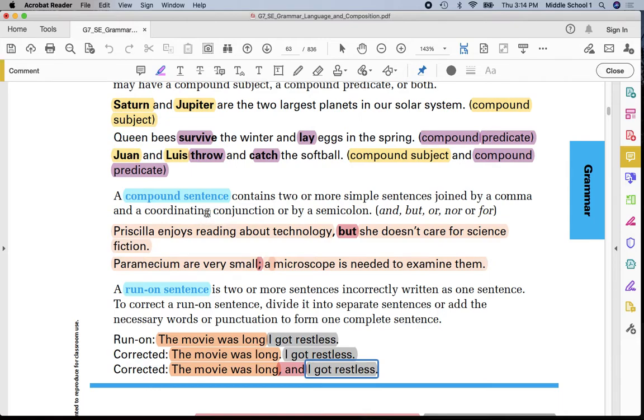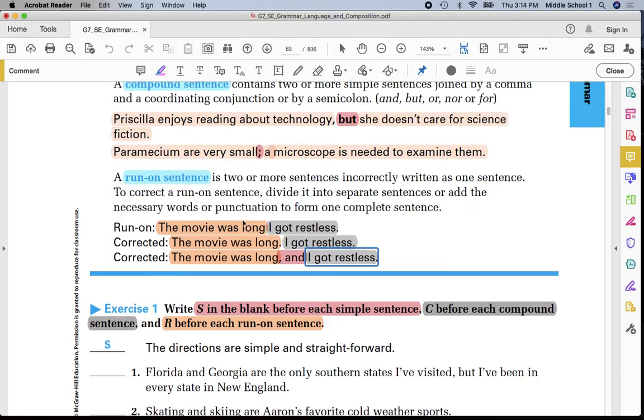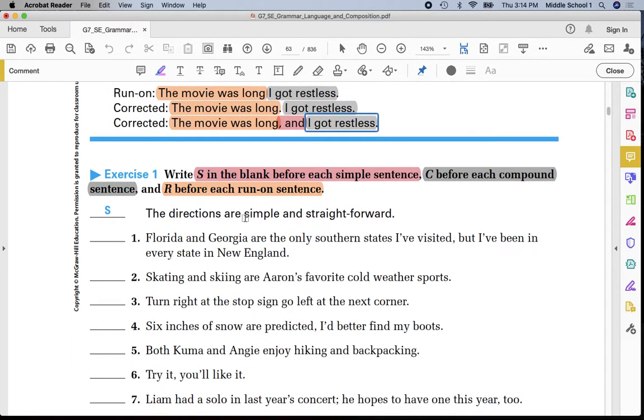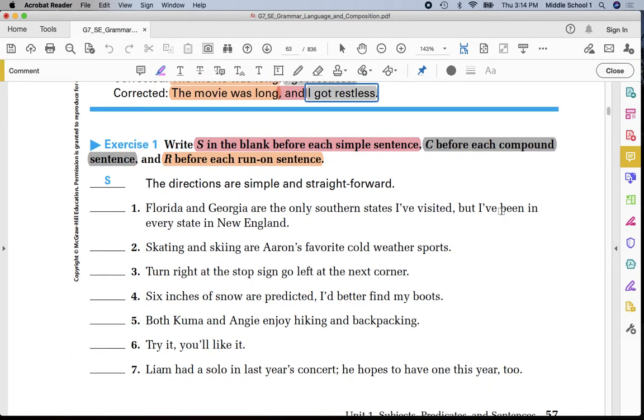Let's take a look at the bottom of page number 57. There are 7 examples. We're going to follow the directions as are printed on your page and highlighted on my screen. If the sentence is a simple sentence, I will put S on the blank.